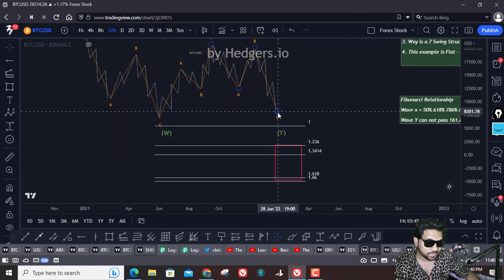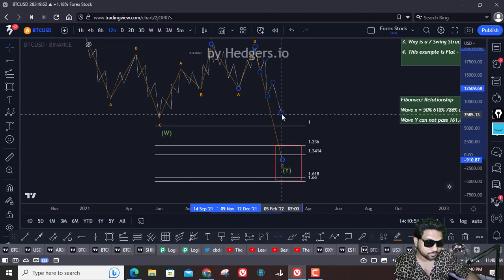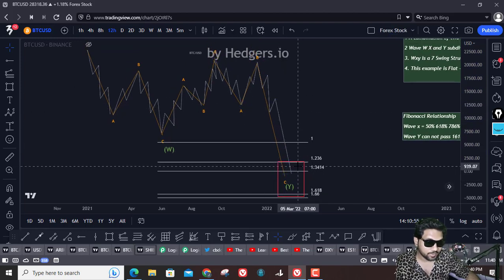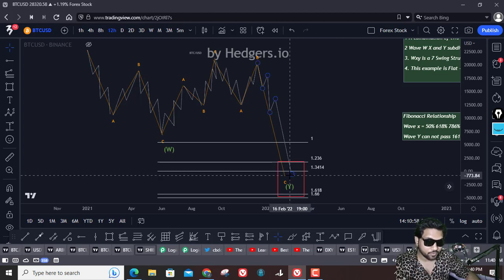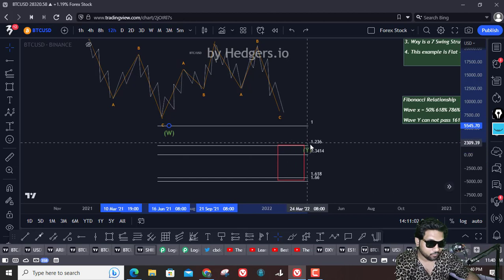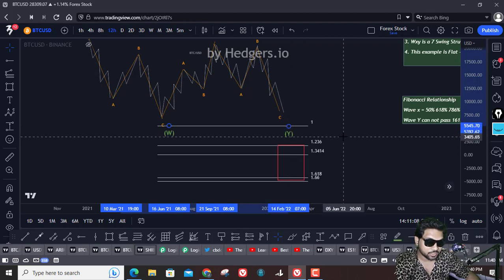So that is the key level. You can drag it towards here. This is the last point. Most of the time it reverses from the 1.236 Fibonacci ratio and the 1.0 Fibonacci ratio, the 101 extension, you can say.